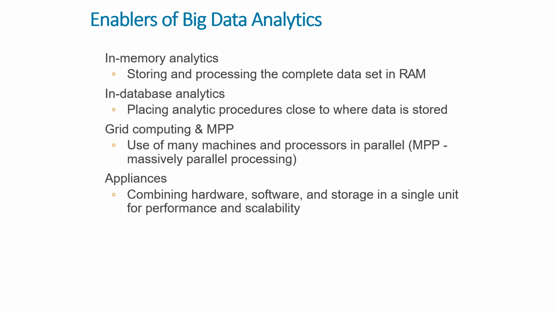If your hardware is very efficient, yes, you can achieve your goal. If your software and the storage are in a single unit, you get performance and scalability. I want to tell you that machines processing in parallel, which is MPP, is very important. You can utilize these tools to handle big data analytics.